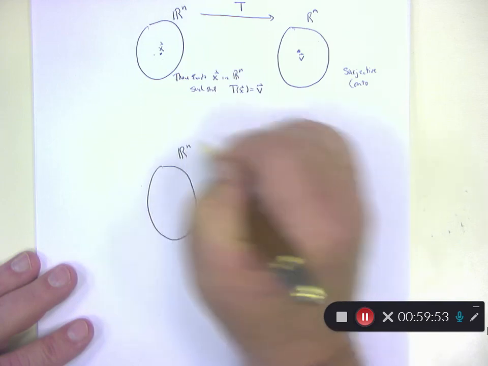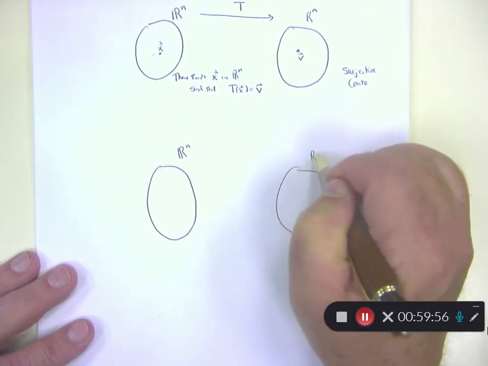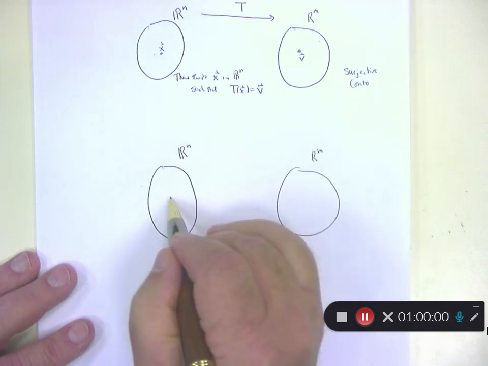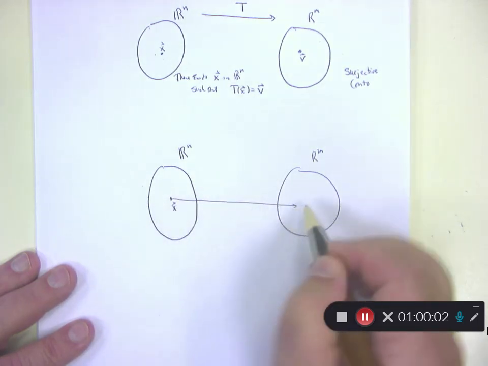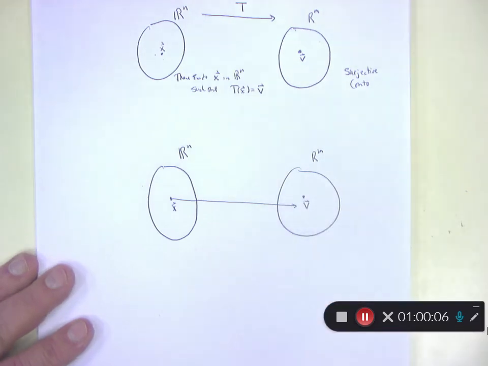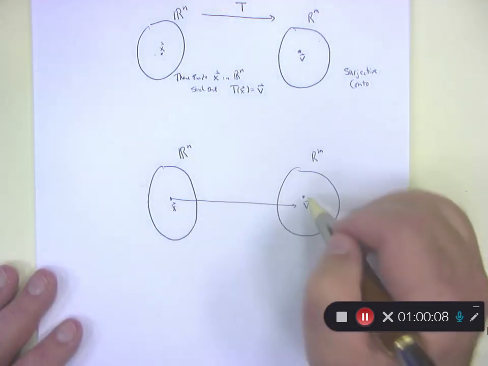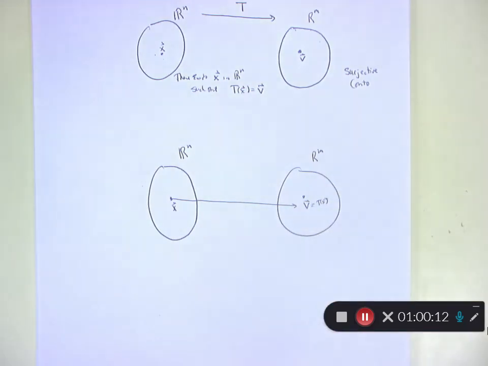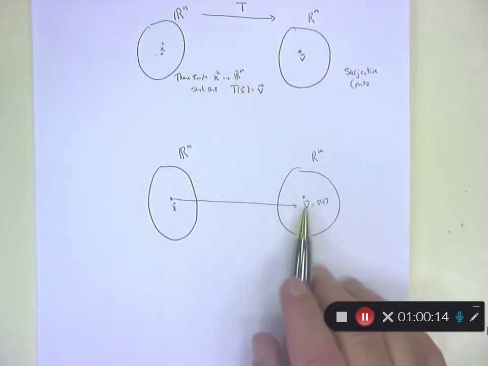Rn, Rm. You see this x vector over here? He's going to map, let's call him this v vector right here. And that's it. v is equal to T of x. And nobody else can map to this guy. Does that make sense?